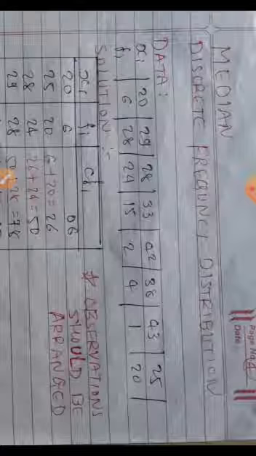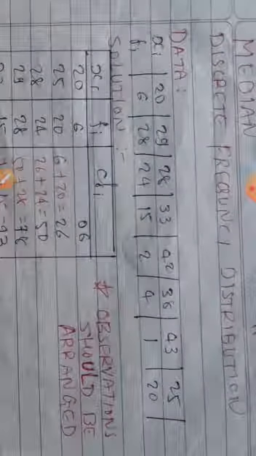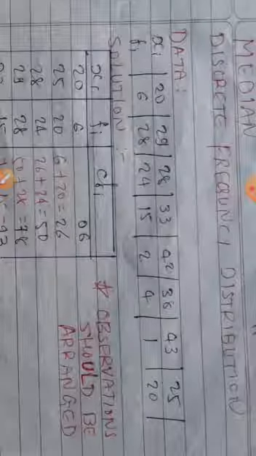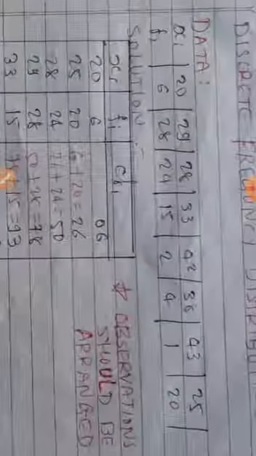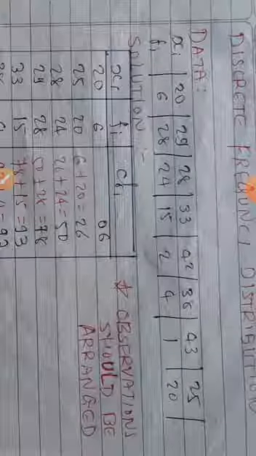Discrete frequency distribution means there are no classes. Whatever is given is directly the value xi, whether marks or fi, maybe number of students, whatever it may be, that is not important here. First of all you have to remember that for finding the median, all observations should be arranged either in increasing order or in decreasing order.